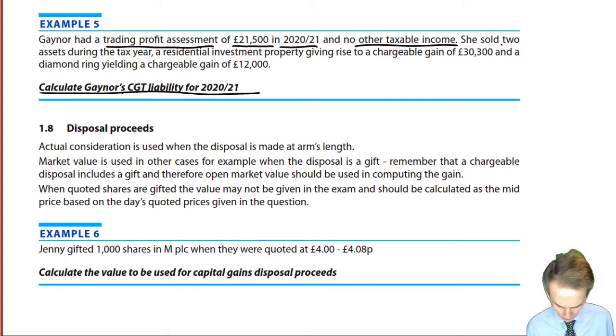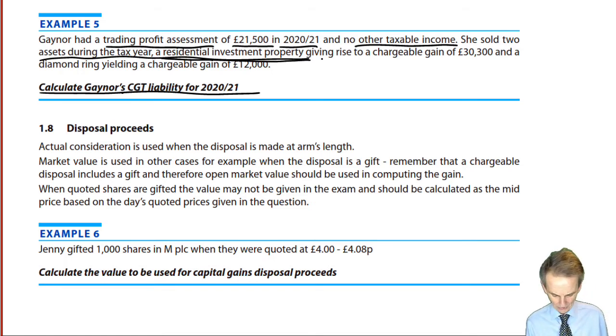She sold 2 assets during the tax year. This time, now then, what's the important word there in terms of residential investment property? What's the important word there in residential investment property, I hear you think?